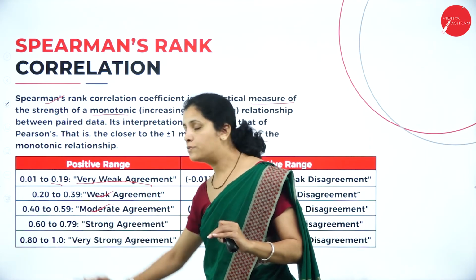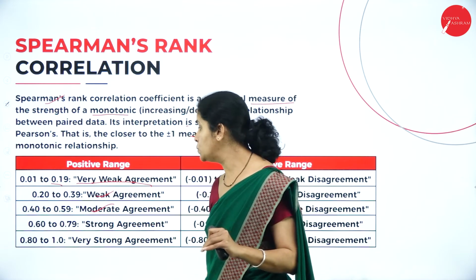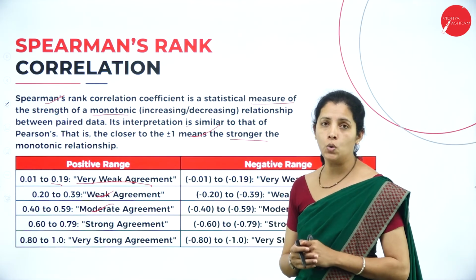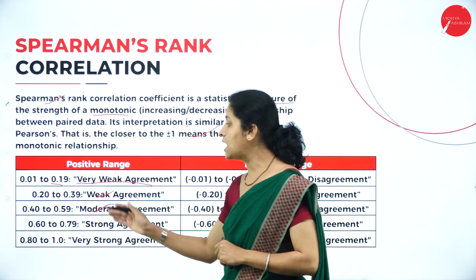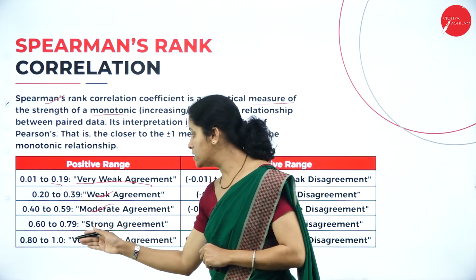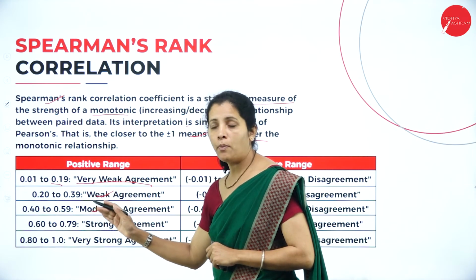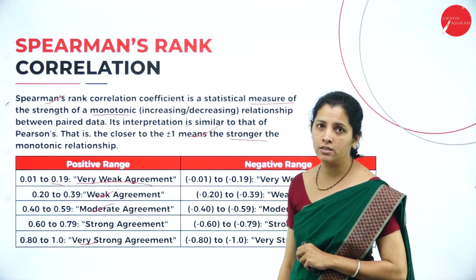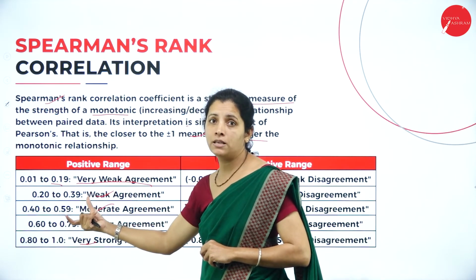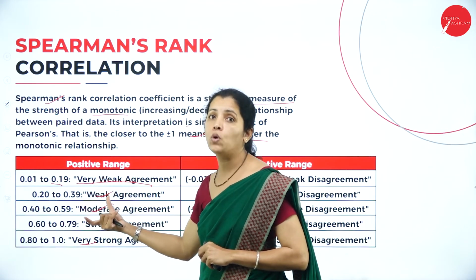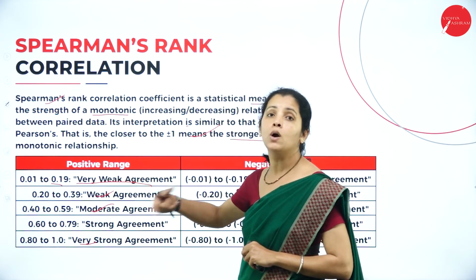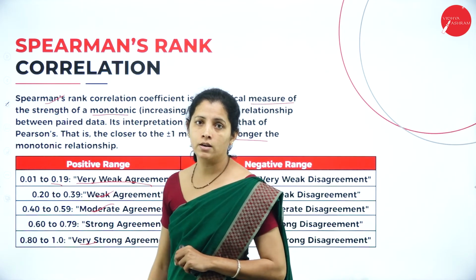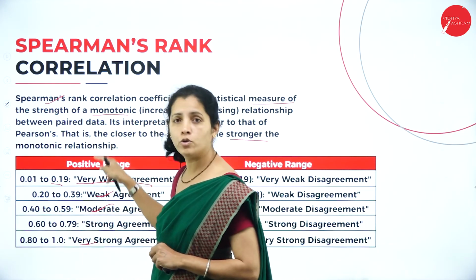From 0.60 to 0.79, it is strong correlation. From 0.80 to 1.0, it is very strong correlation. This range represents the type of correlation, that is weak, very weak, strong or very strong. And this is for the positive range only.